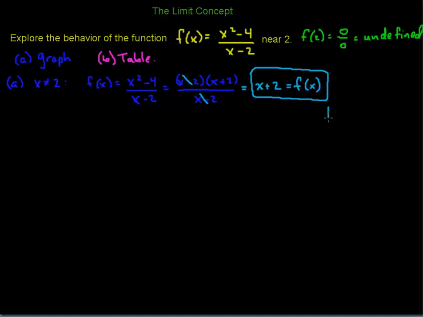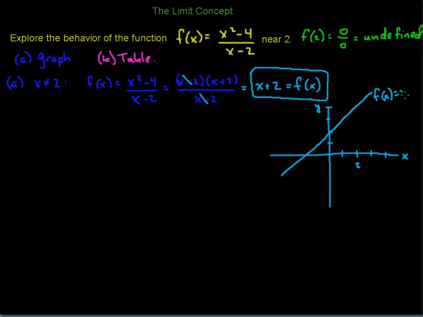So let's draw an xy axis. There's my y, my x-axis, 1, 2, 3, 4, 1, 2, 3, 4. And whenever x is not 2, it looks like the graph of the line y equals x plus 2.